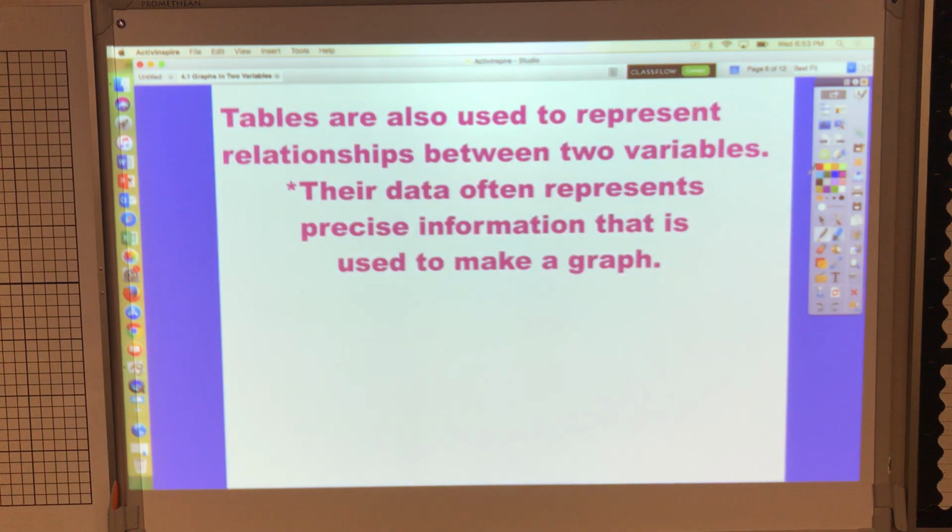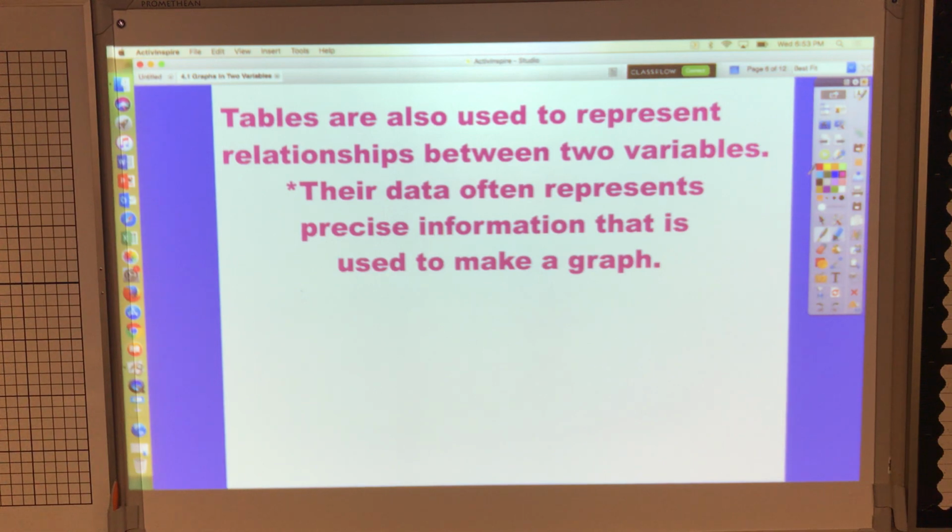The second half of our lesson is going to talk about tables, and still about graphs, but the next question is about a table. Tables are also used to represent relationships between two pieces of data. Their data often represents precise information that we use to make those graphs.